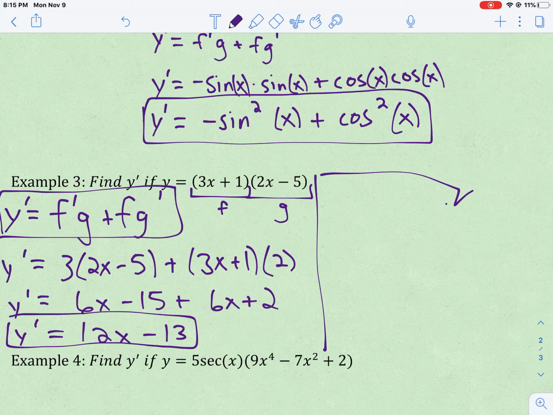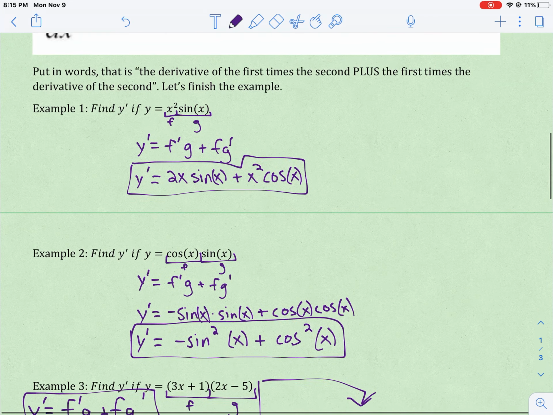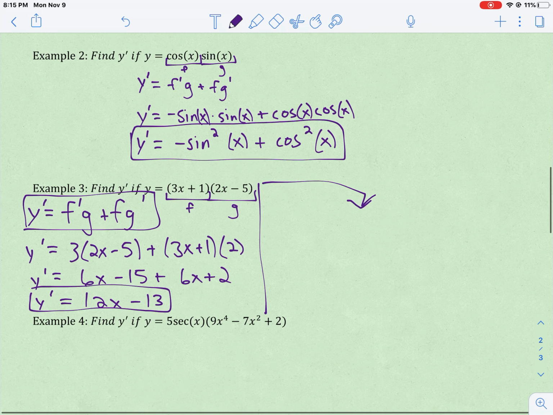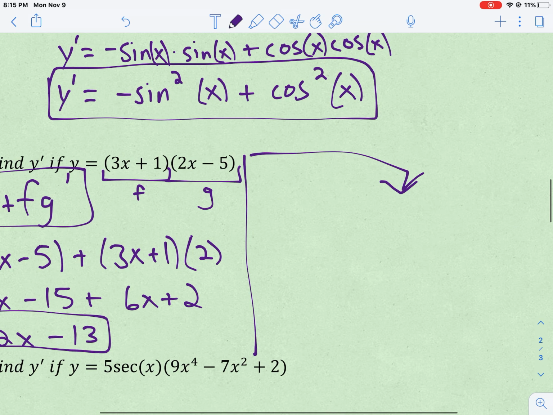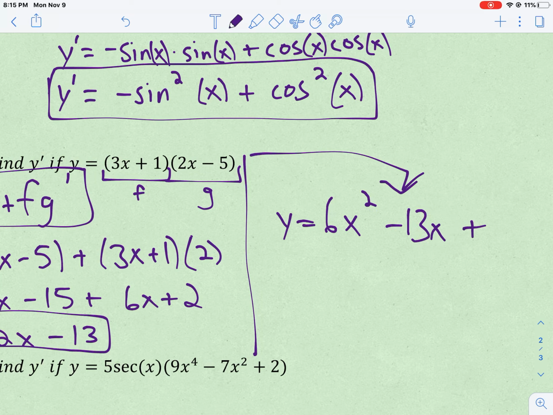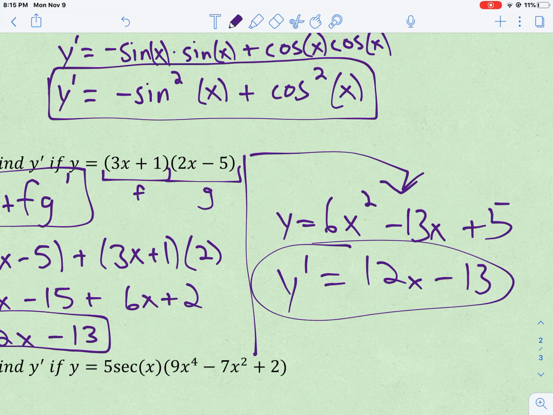So this one has 2 ways to do it. They don't all, right? The last one didn't, and the one before that didn't because we cannot simplify them at the start, okay? So, if we were to FOIL, we'd get y equals 6x squared minus 13x plus 5. And when we take the derivative, we get 12x minus 13.